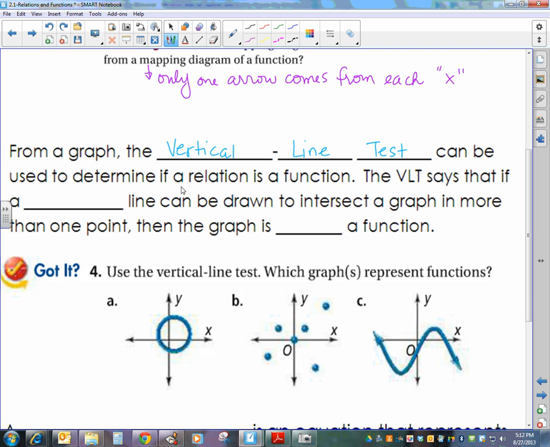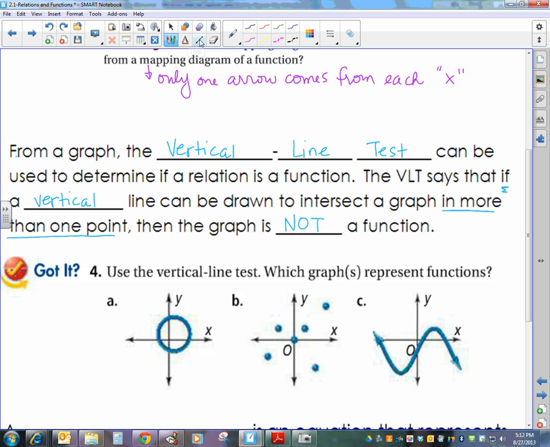It can be used to determine if a relation is a function. The vertical line test says that if a vertical line can be drawn to intersect a graph in more than one point, then the graph is not a function.